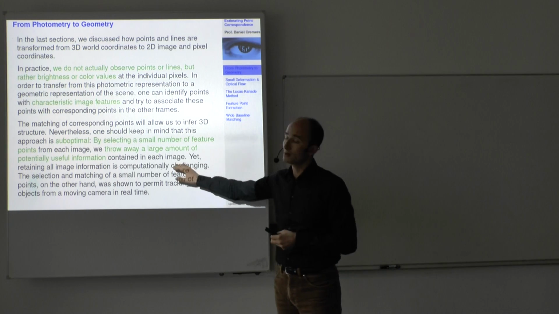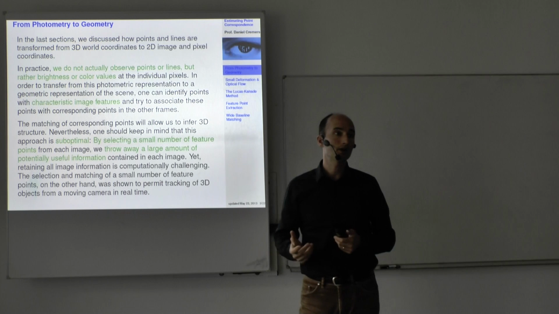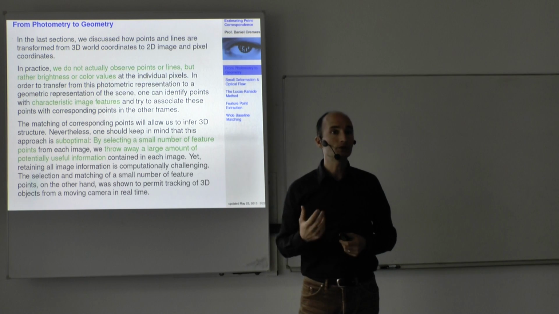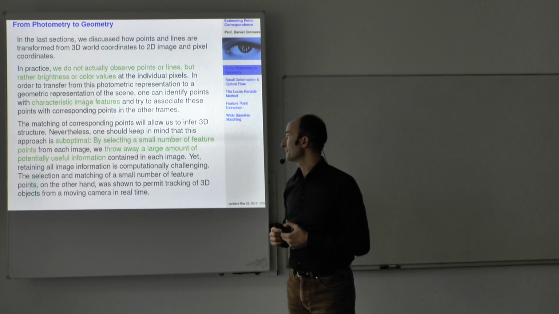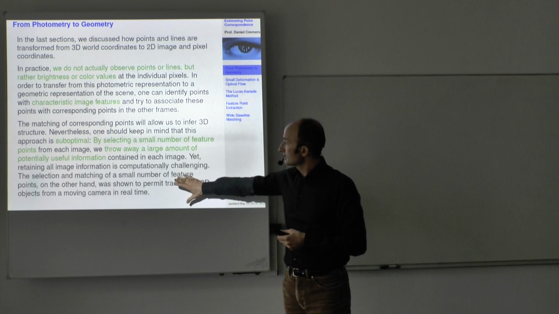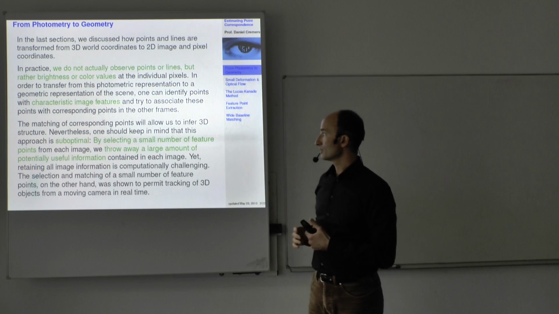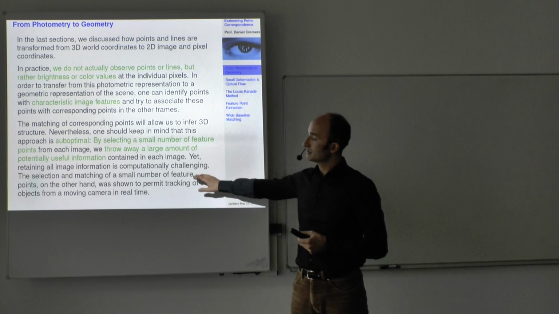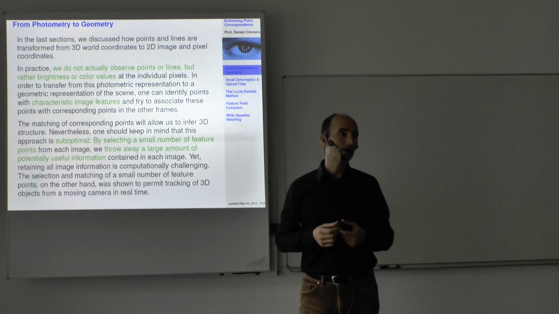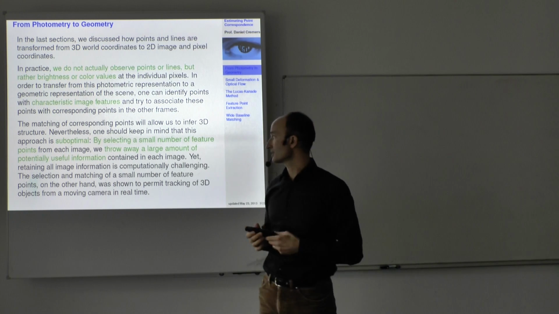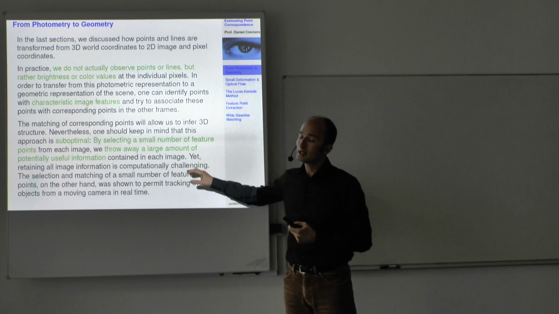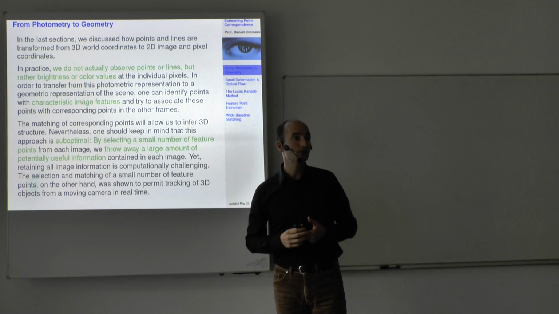You can do it nowadays partially by relying on graphics hardware to compute things efficiently. But nevertheless, in this class I will focus on the somewhat more classical pipeline. I may say a few words towards the end about dense reconstruction algorithms and how they work, but these emerged only in the last 2 or 3 years.